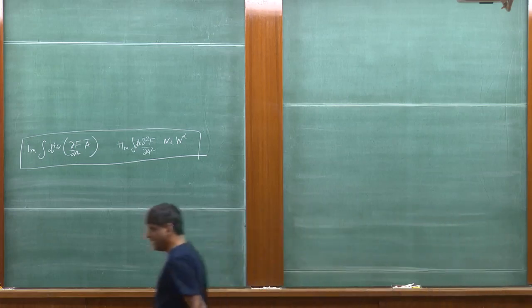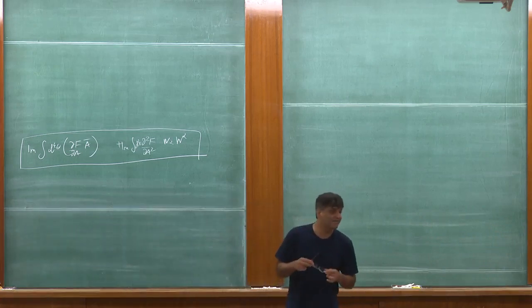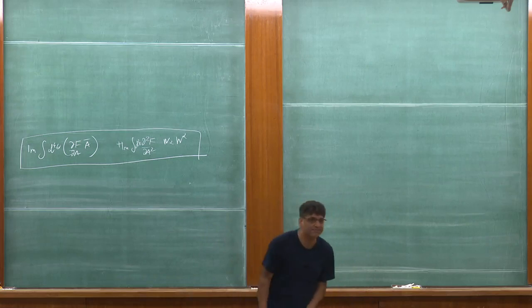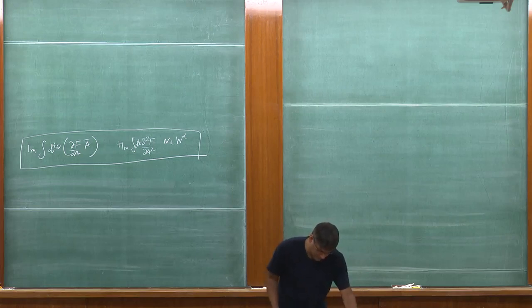Also, before that, we know the form of this F semi-classically, namely at very large A. Okay, so at very large A, we know the form of this F, and it takes the following form.